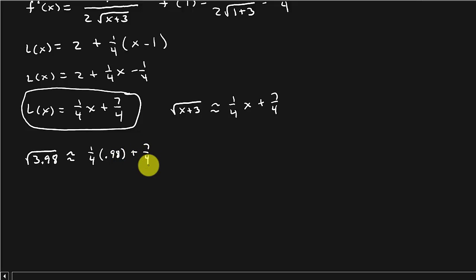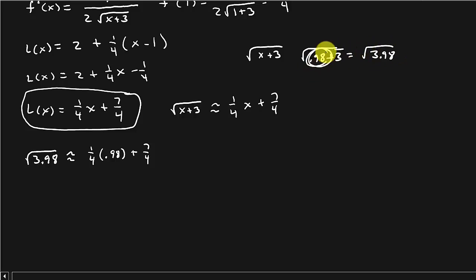plus 7/4. All right, so you might be wondering, well, why 0.98? Because they wanted us to find 3.98. Well, remember, we have the square root of x plus 3, and so that's going to be the square root of 0.98 plus 3, which is equal to the square root of 3.98.